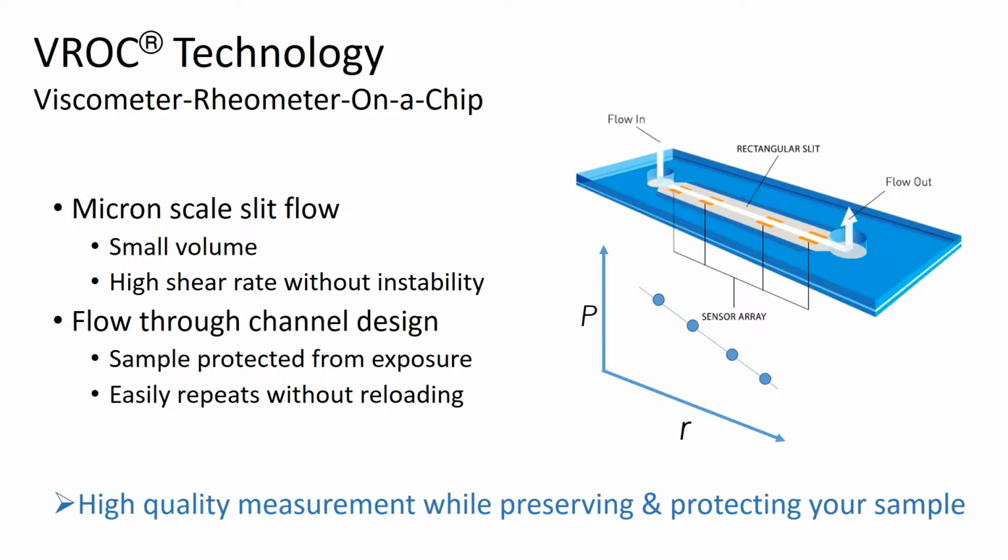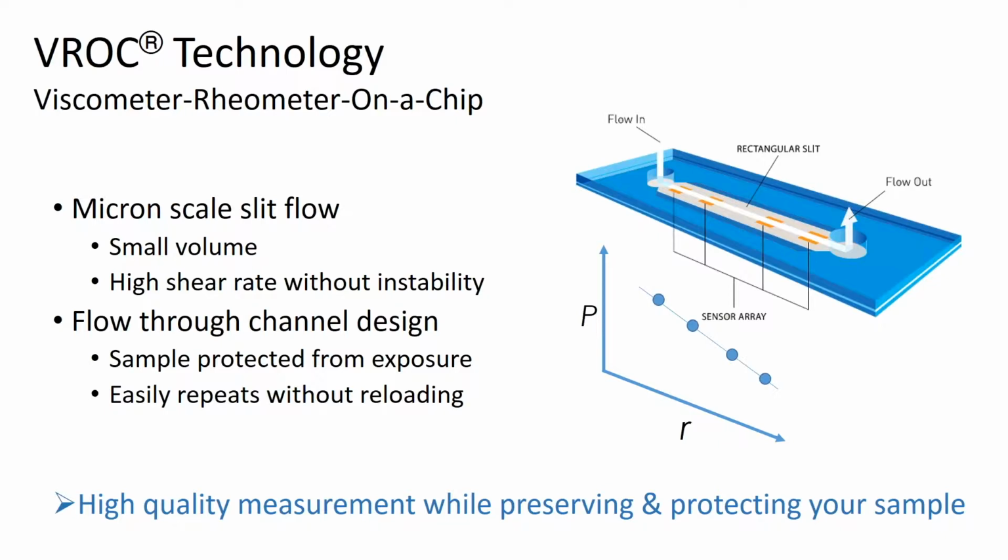This allows you to use small volumes of sample, so you can conserve your precious active ingredients. And if you need to go to high shear rates, for example, to predict injectability, the small length scale dimensions of the flow cell make the presence of flow instabilities or turbulence or secondary flows, whatever you want to call it, much less likely to occur.